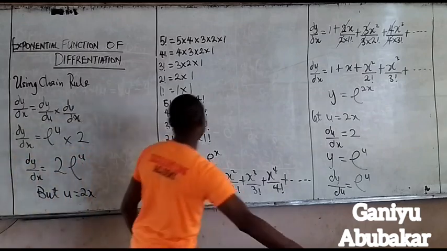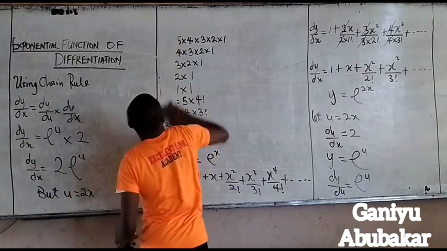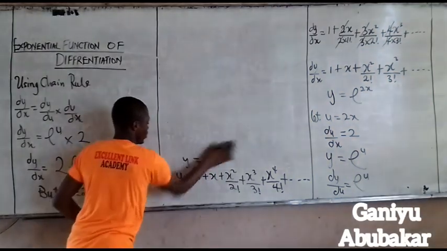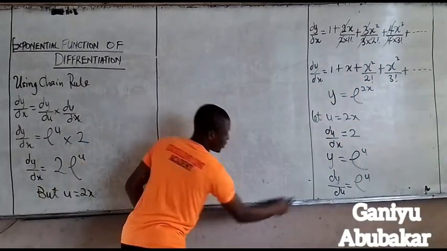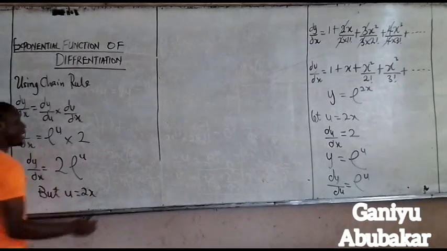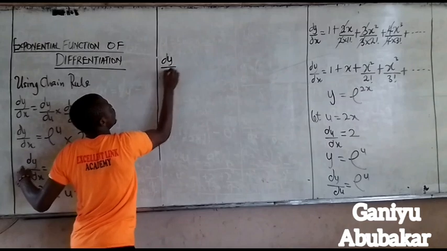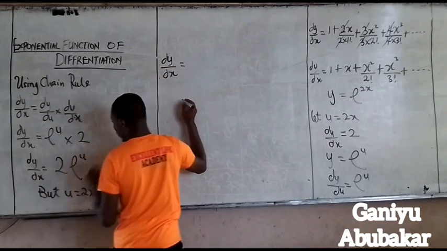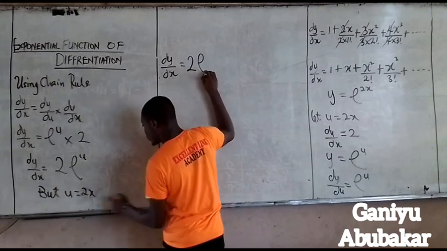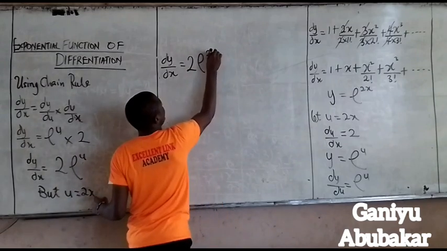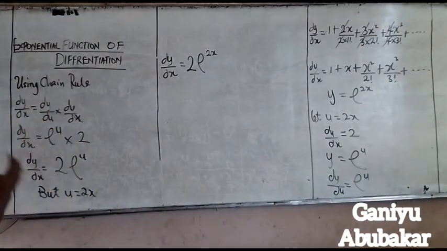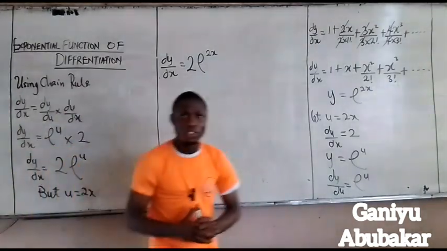So at the end, dy over dx is now obviously equal in value to 2 exponential 2x. So here is the idea to solve problems on exponential function of differentiation.